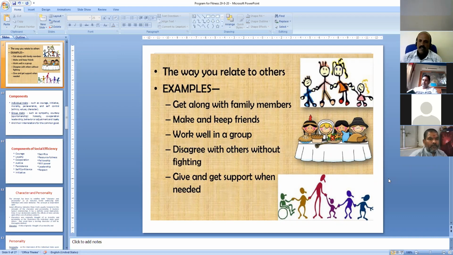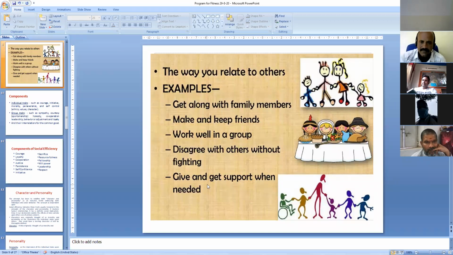At that time, we have to compromise, or we have to go back without fighting, or we have to keep quiet. These qualities are developed because there will always be a quarrel between people because of this disagreement. So in some other way, we have to cooperate with them and compromise with those situations.